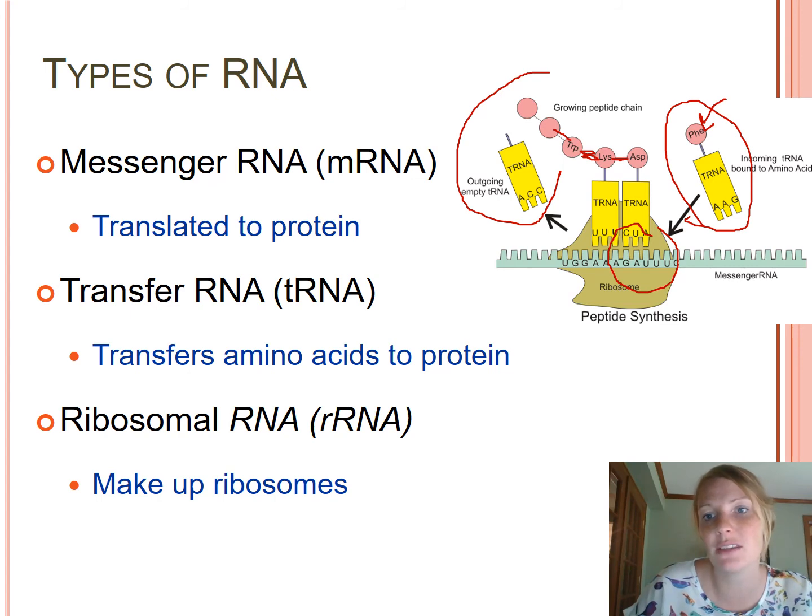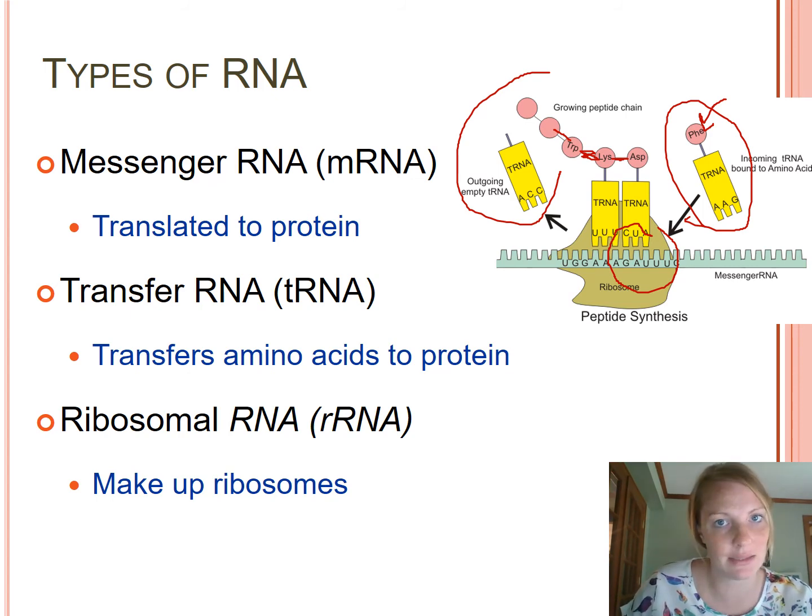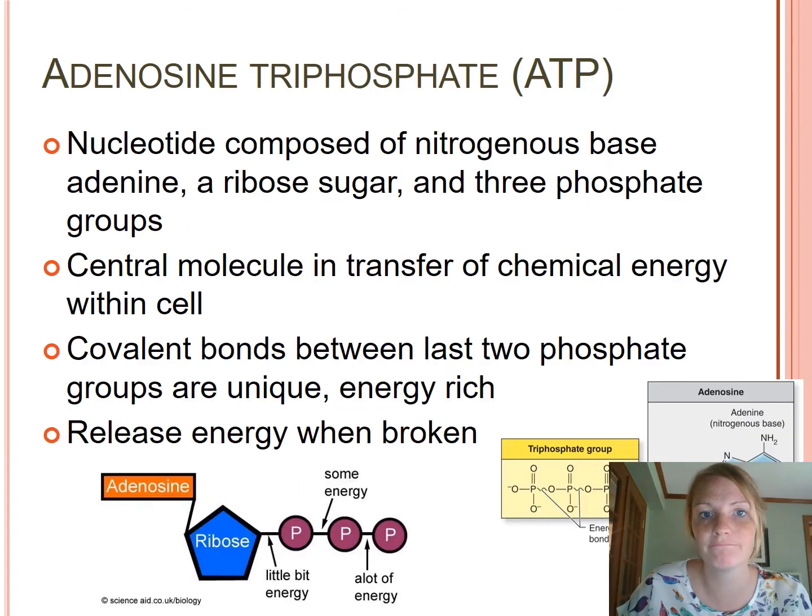So it's just hauling in an amino acid and dropping it off, and then the transfer RNA leaves. And then we also have ribosomal RNA, and this is used to make the actual ribosome mechanisms.